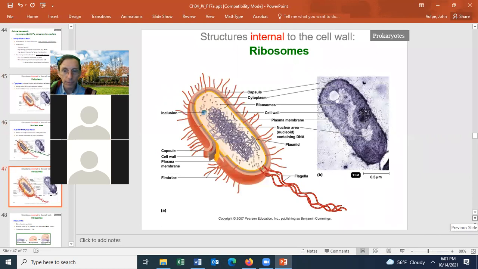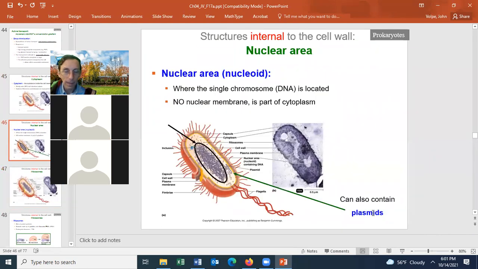Oh, I should mention briefly, the DNA does not all have to be inside the chromosome of a prokaryotic cell. Some of the DNA can be in a plasmid, and we'll talk more about plasmids later, but it's DNA outside of the chromosome, at least of a bacteria or an archaea.